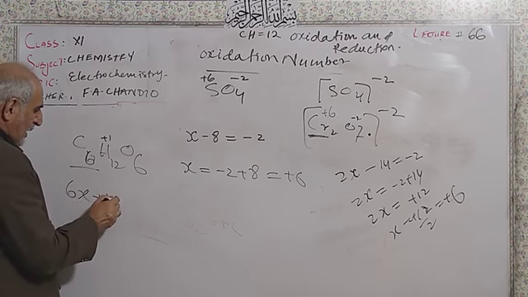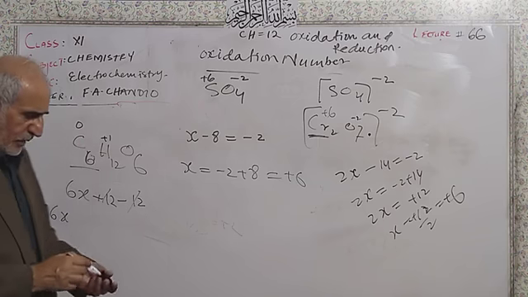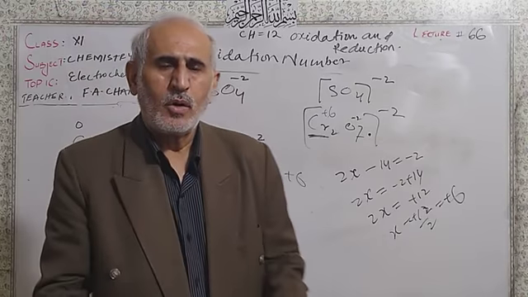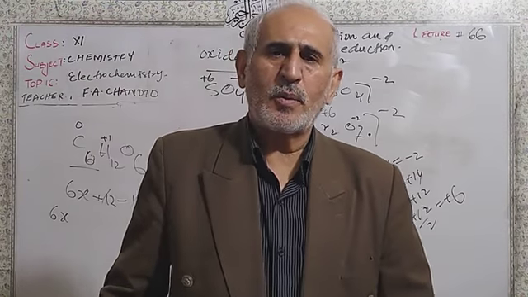So that's why this will be 6x. So this will be minus into plus. This will be 0. So overall on the carbon there will be a 0, no charge on the carbon here in the glucose.